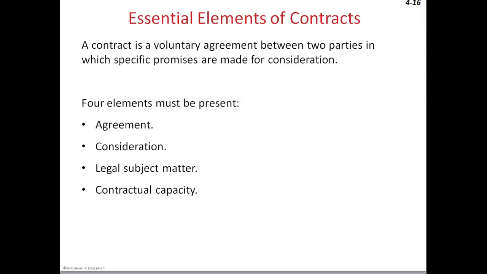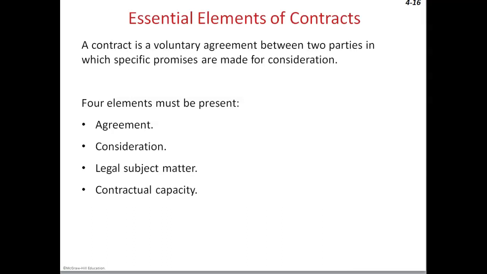Secondly, consideration. Something of value, usually money, is bargained for as part of the agreement. If the contract is fulfilled, then the money or consideration must be paid. Third, legal subject matter. In order for the contract to be legally binding, the items discussed must be legally obtainable.